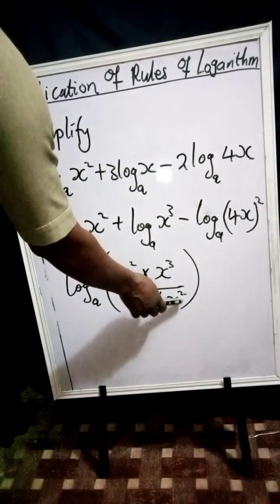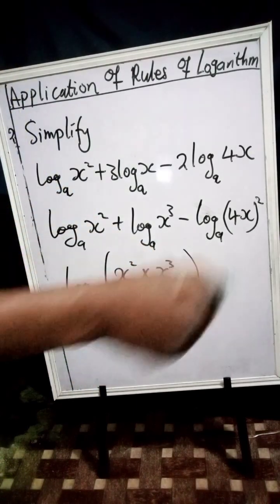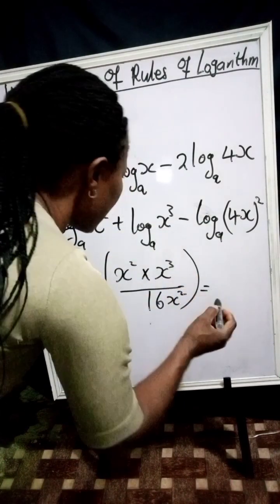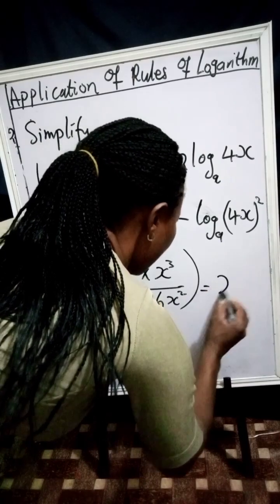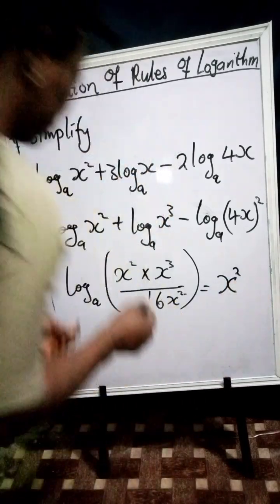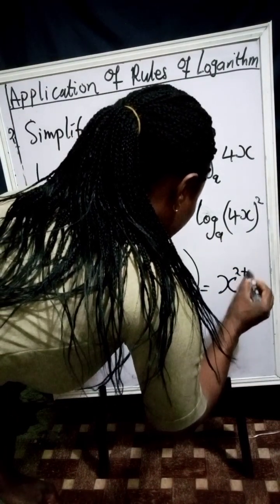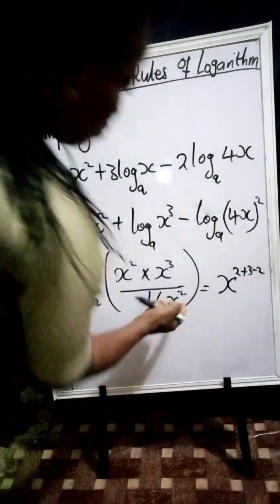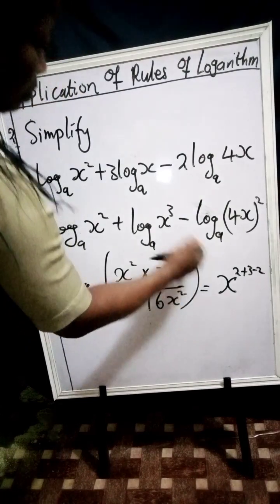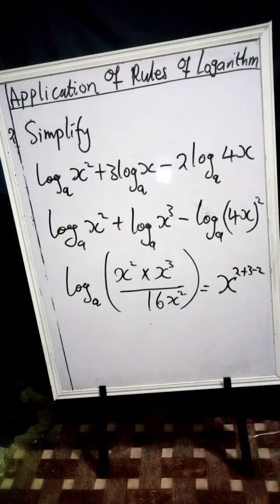Let's bring this x square up. So in that case now we have that this will be the same thing as what? X to power 2 plus 3 minus 2. When this square comes up, it will take negative sign.